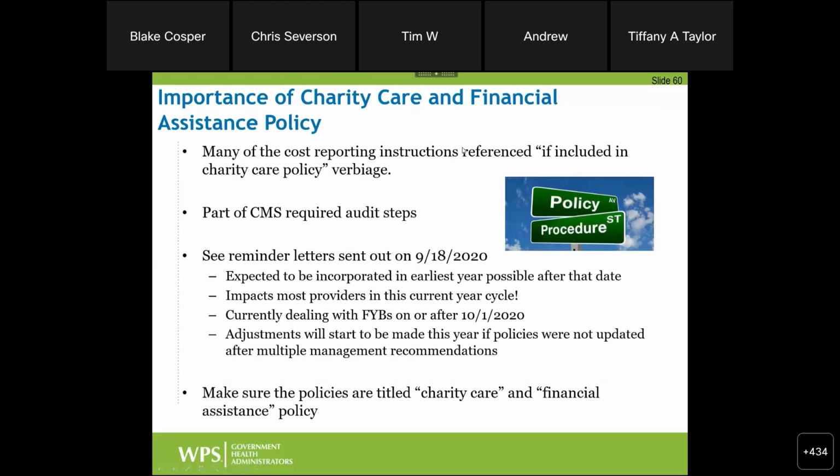Now here's the point that I've talked about a few times already about the charity care and financial assistance policy. And it gets in, as my little illustration shows, policy versus procedure. In other words, what are you actually doing versus what's in your policy? CMS has made it clear that they expect there to be a good internal control in your policy delineating what you're supposed to be doing, or what you approve, what you allow.